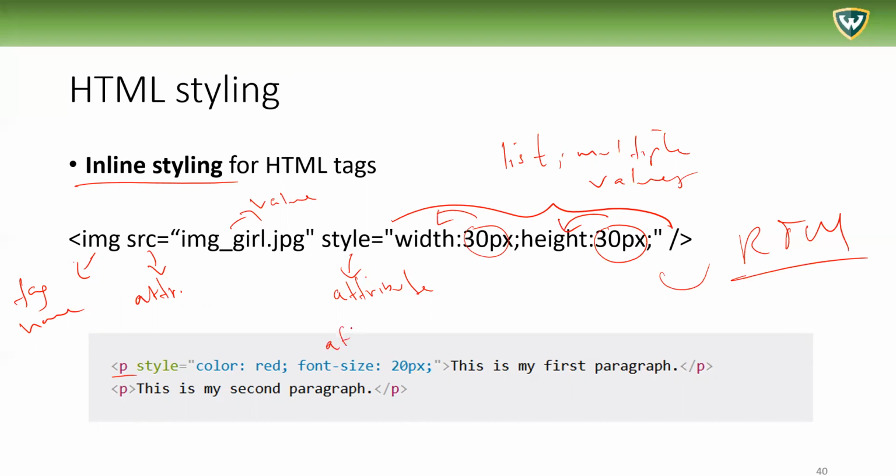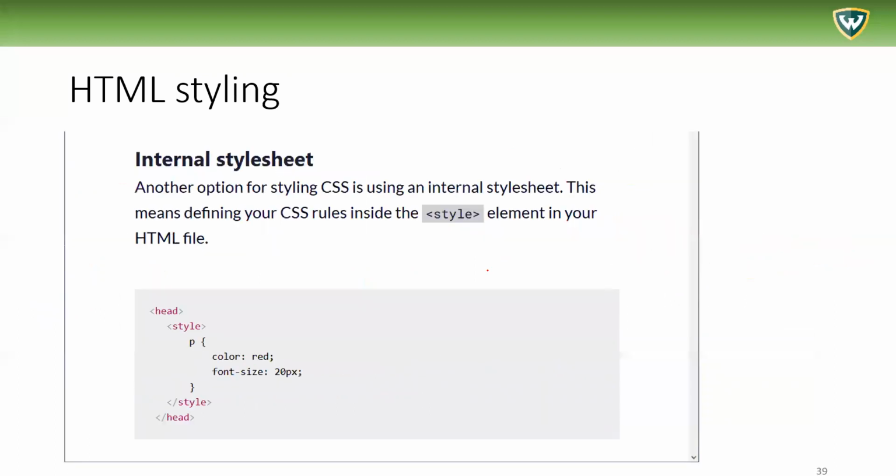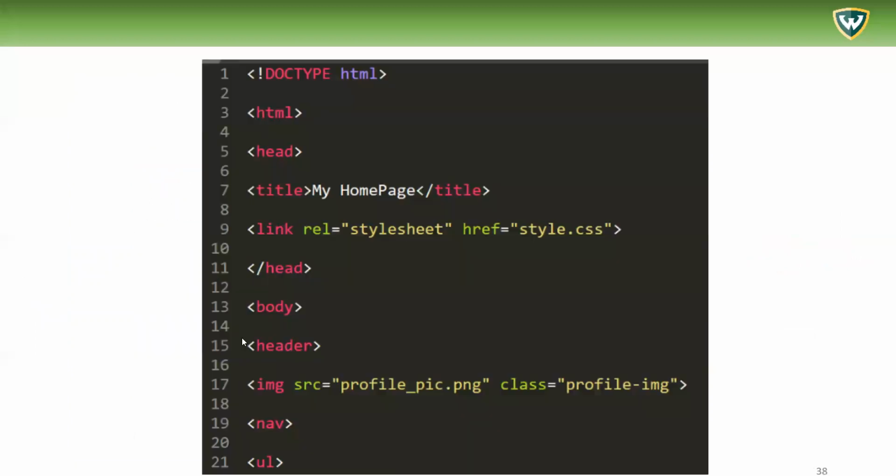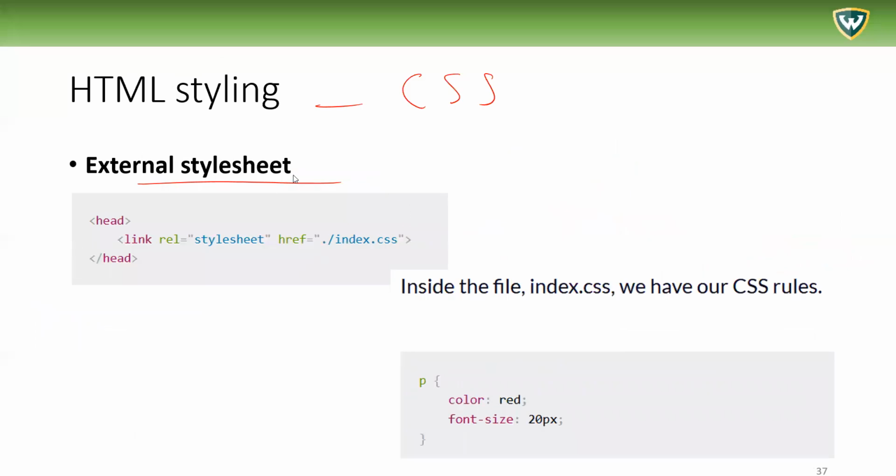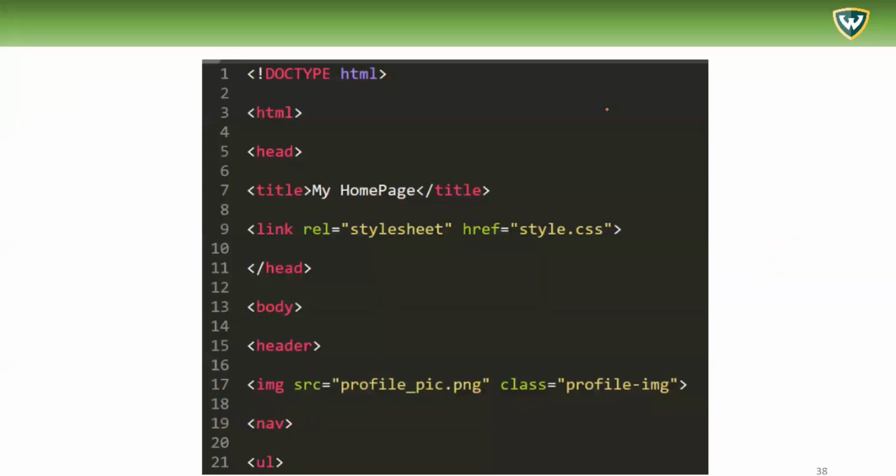So notice how these are attribute value pairs and so on. And now there are other ways to style too. You can style internally within the HTML, and we can also style completely external via CSS. And I'm going to let us explore this in another set of lectures.